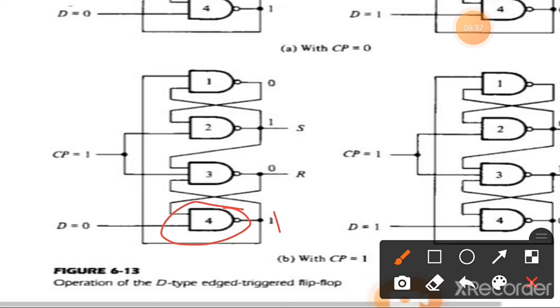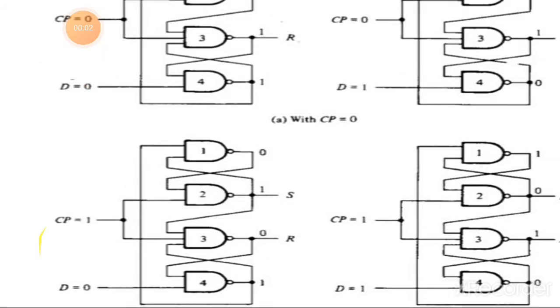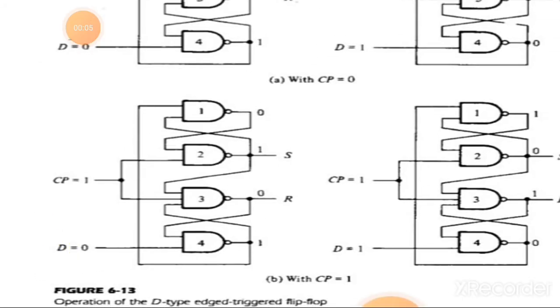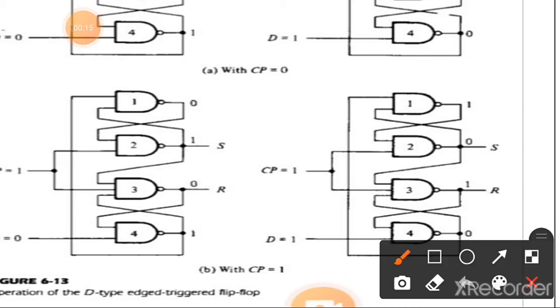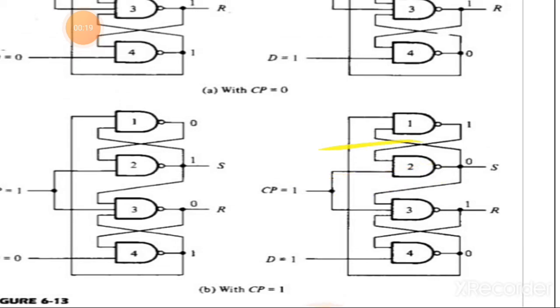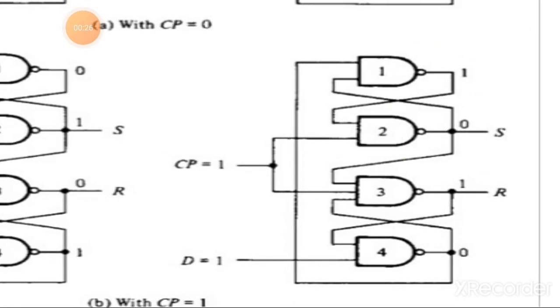regardless of the value of D. And suppose when CP is equal to 1, D is equal to 1, then what will be the output?